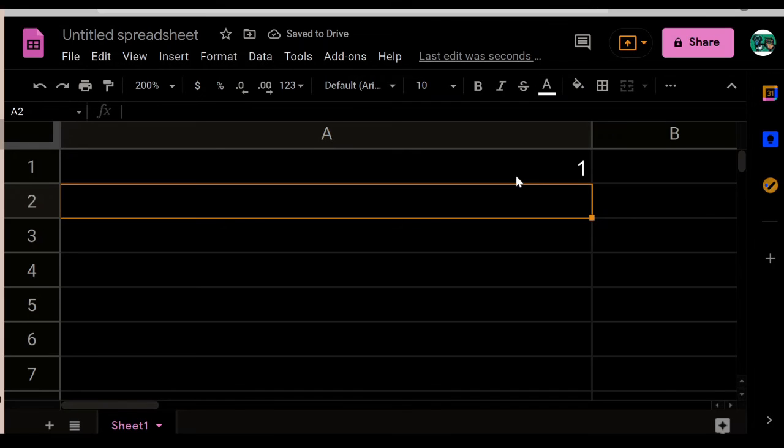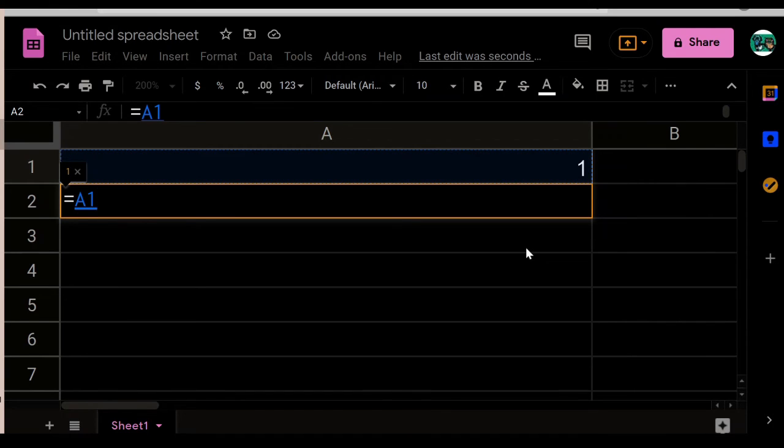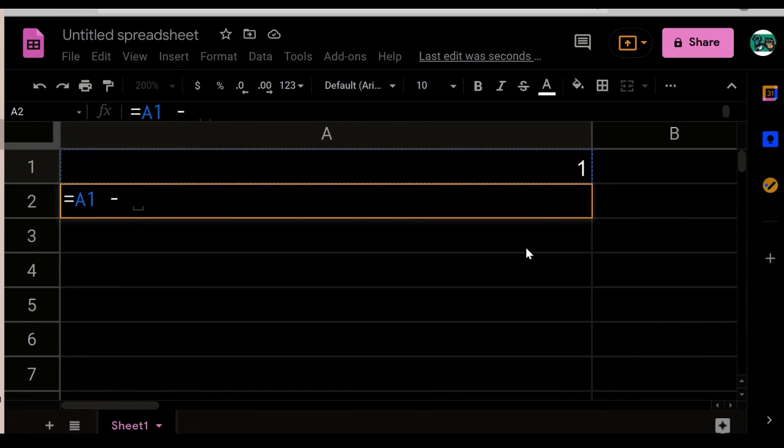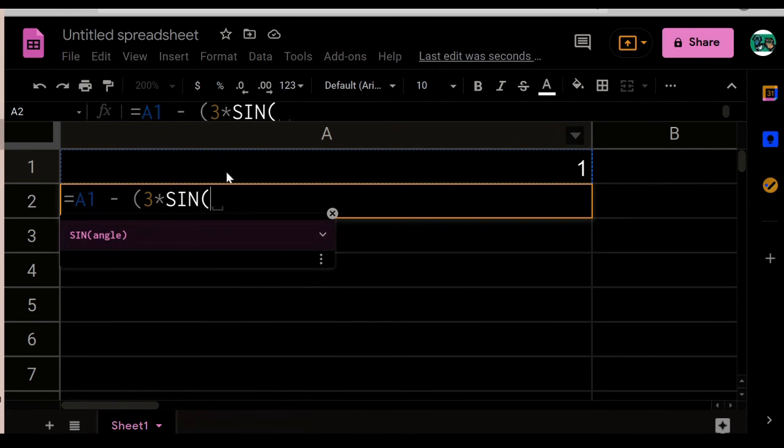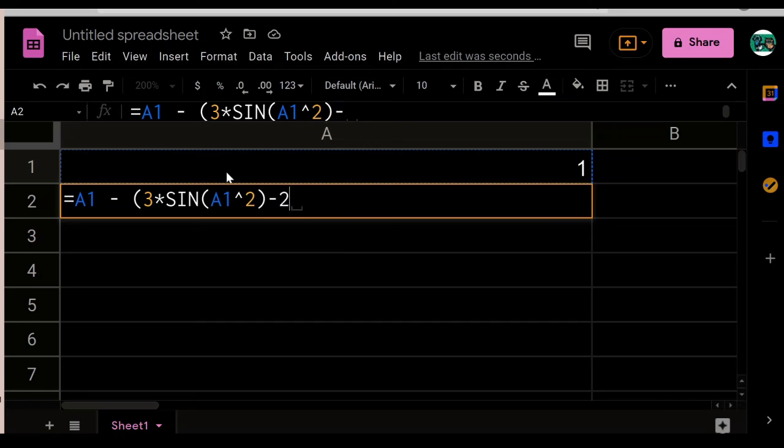And into the second box, I'll enter a formula: equals the x0 from before minus the value of the original function with a1 replacing x wherever it appears. So not 3 times sine x squared minus 2, but 3 times sine a1 squared minus 2.